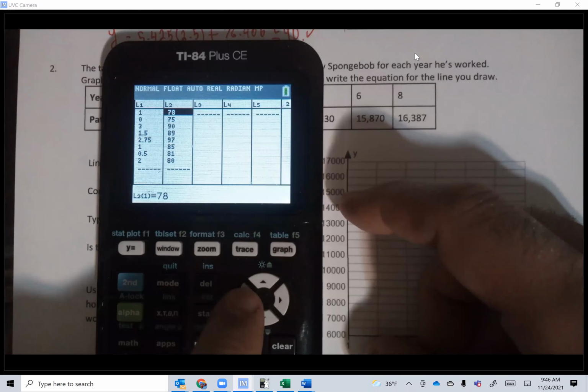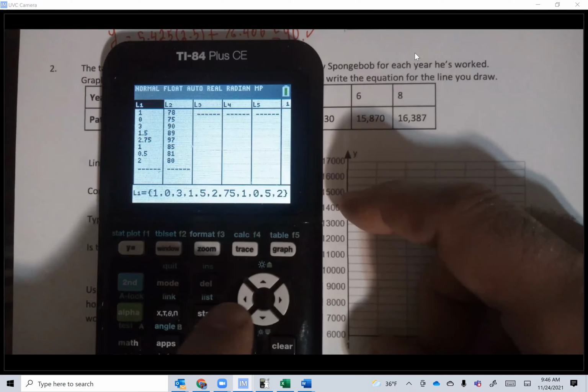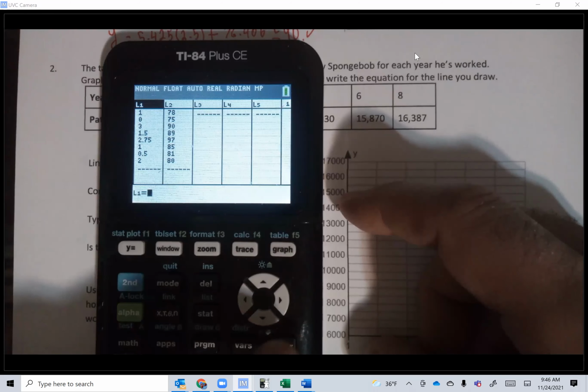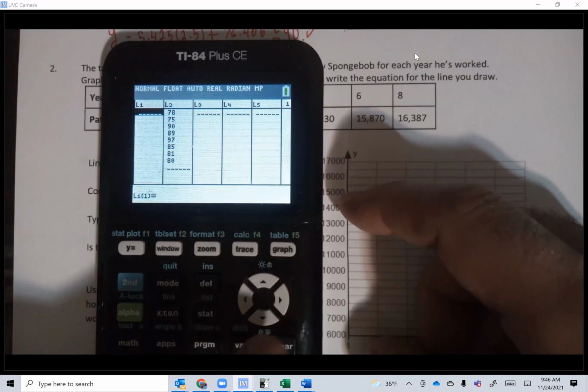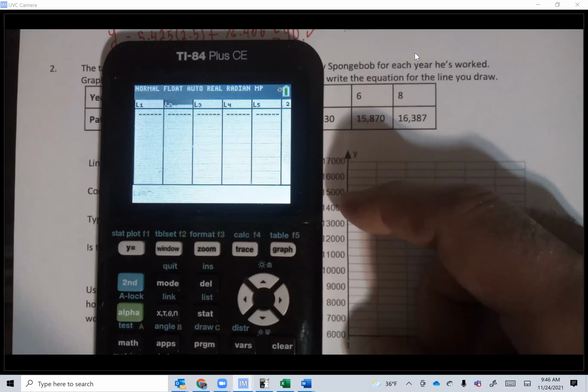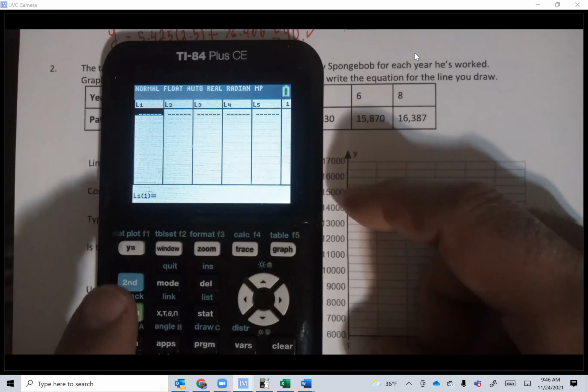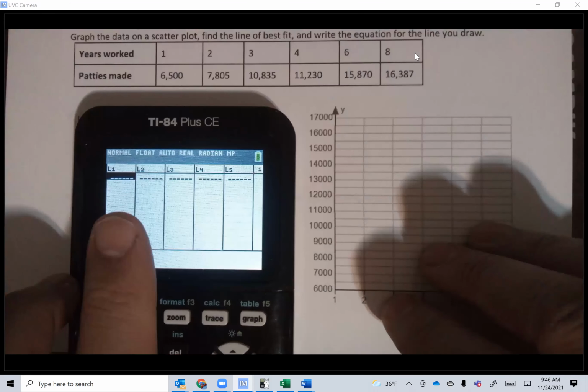You go to L1, scroll up, hit clear, and enter. That clears L1. Do the same thing for L2, hit clear and enter. And now they're cleared. And now guys, go ahead and enter your data.